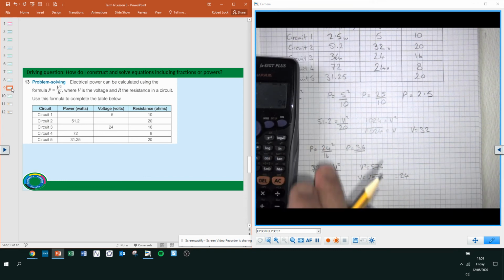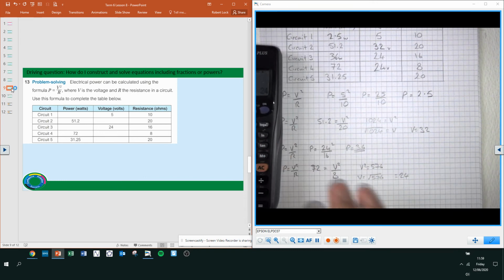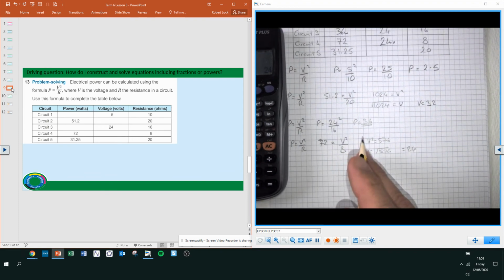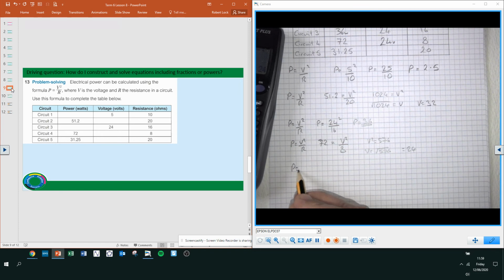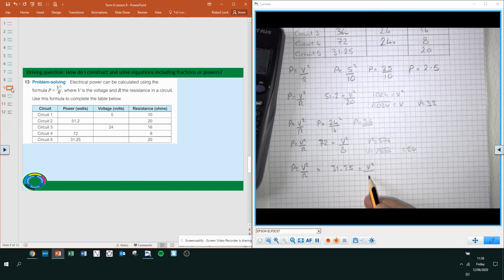Next one, we want voltage. We have watts. So P equals V squared over R. So 31.25 equals V squared over 20.